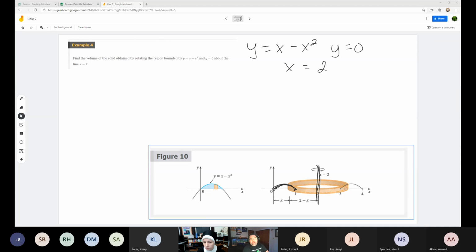Well, actually I don't. The radius is going to be a little different than just x in this case, because my radius is not going all the way over to the axis. So my radius of this is actually 2 minus x because I'm subtracting this part from it. So figure out how far it is from there to there.